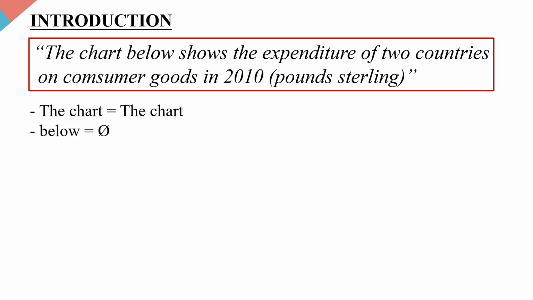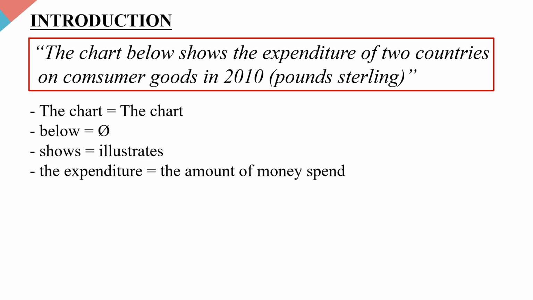We should use a synonym, and one of the synonyms of show is illustrate. The expenditures of we must change into the amount of money spent, because spend is a verb and it needs some object, so we must put the subject on consumer goods here.